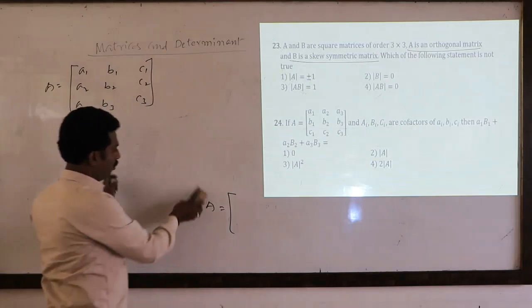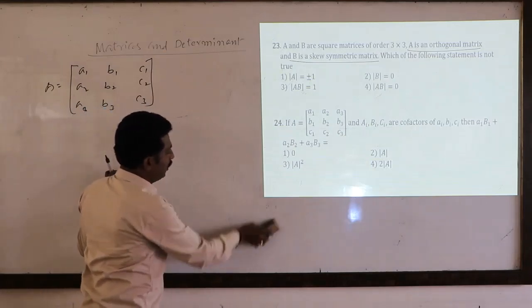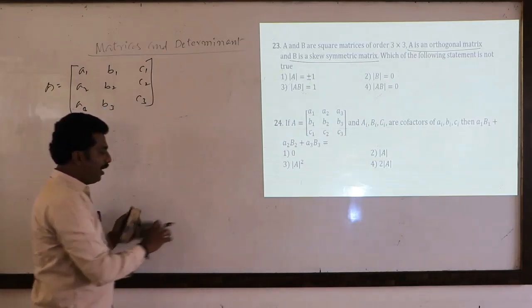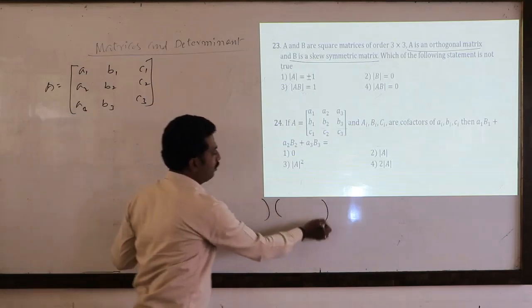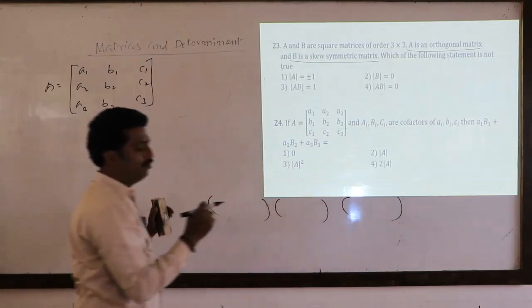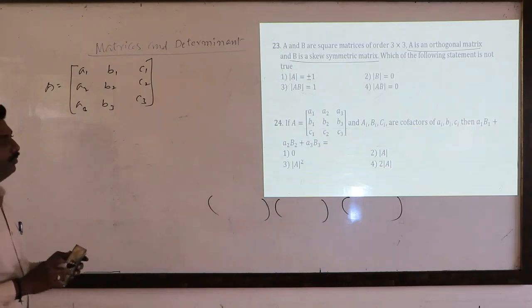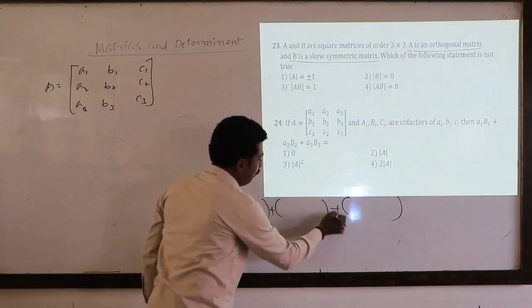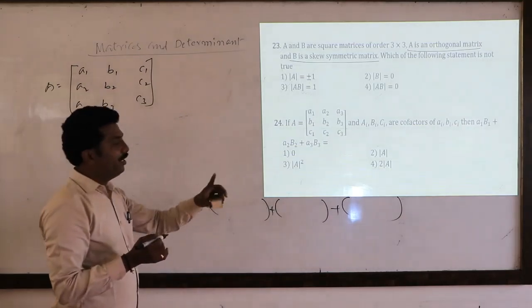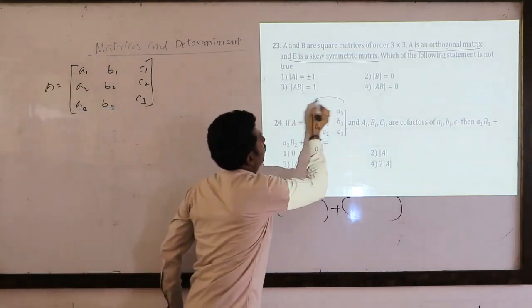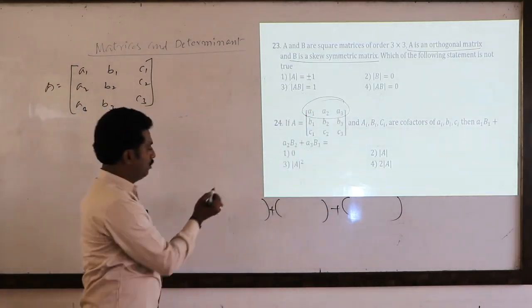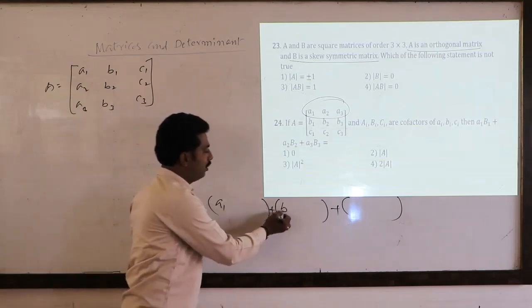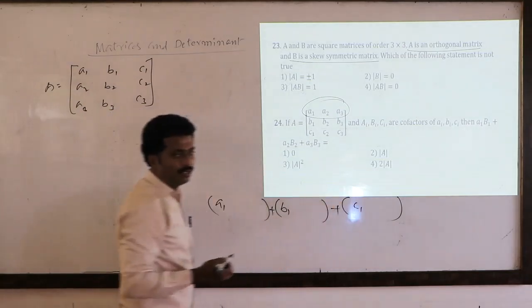One result you should know: the sum of the product of the elements of any row with their corresponding cofactors. Suppose I am taking the first row, A1, B1, C1.